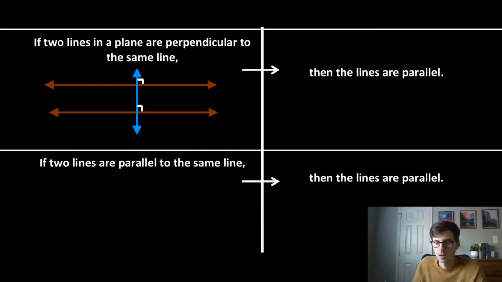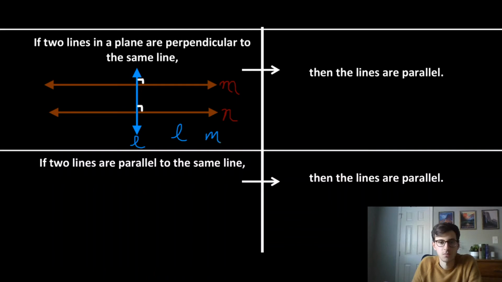Maybe I can label these. So here's L, and M and N. So L is perpendicular to M and N. Then those lines would be parallel. Let me write this.